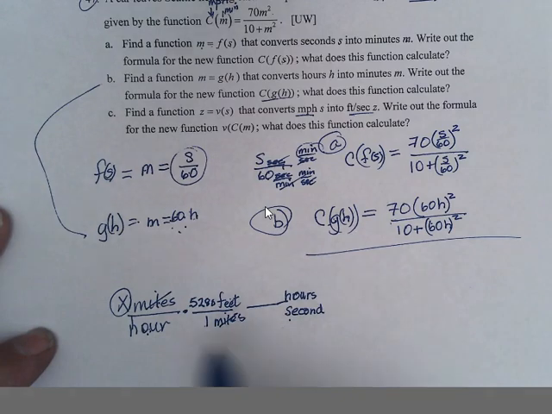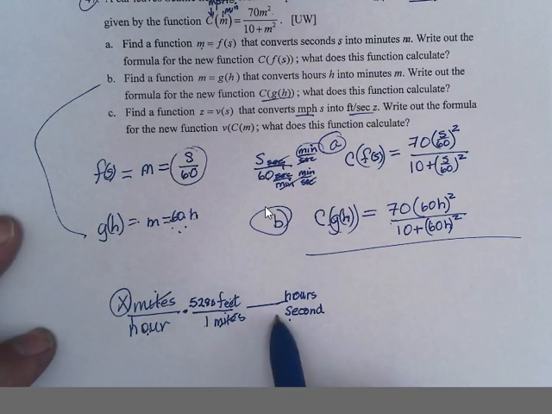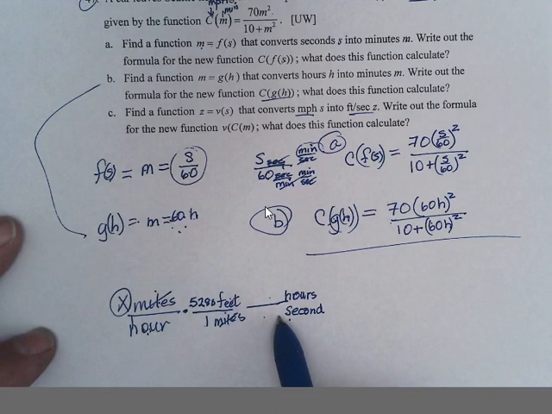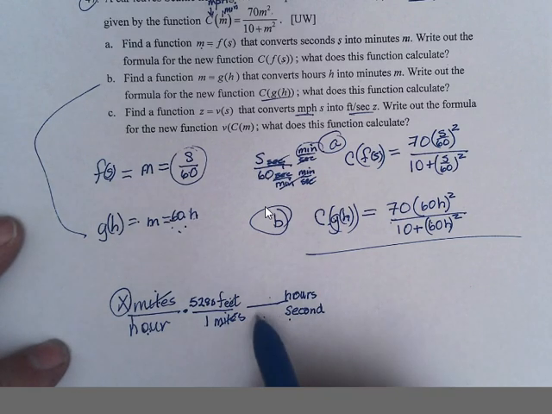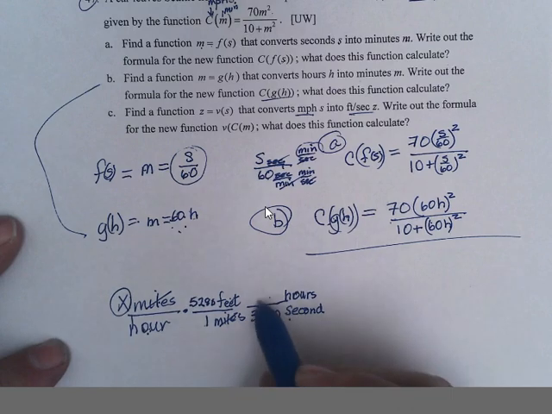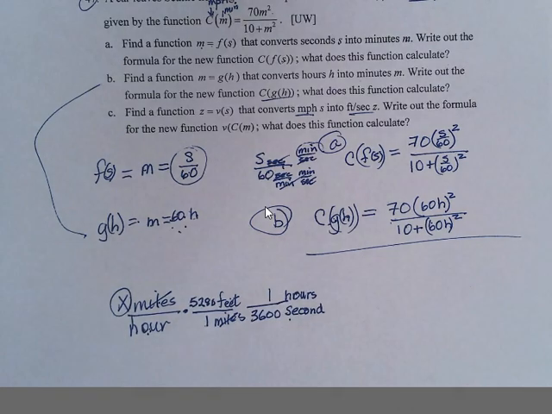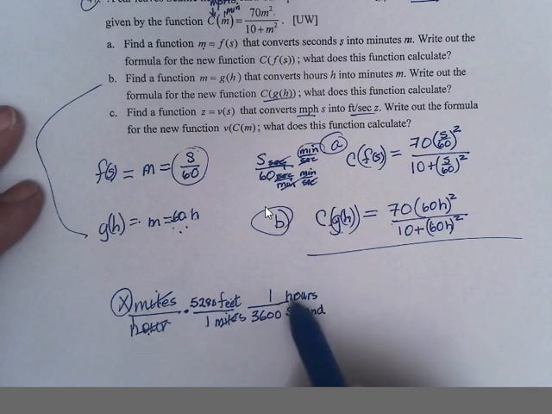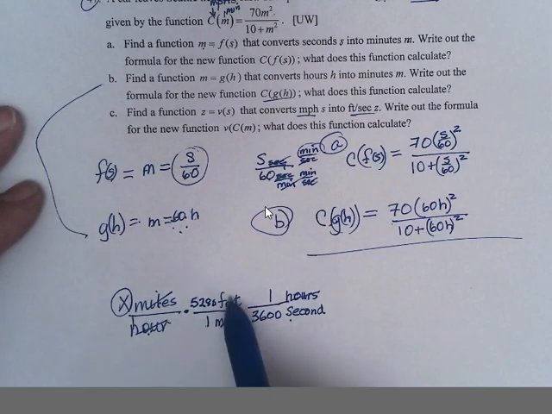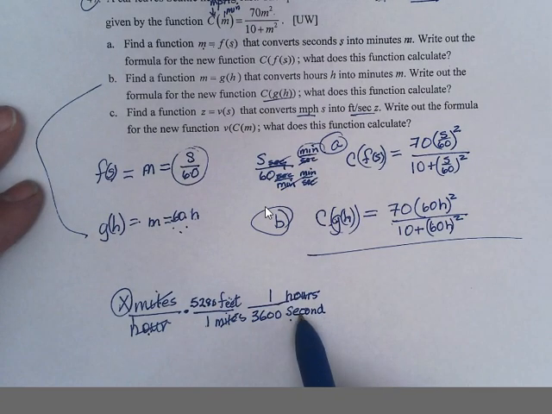So now we have to determine how many hours make a second or how many seconds make an hour. 60 seconds make a minute, and 60 minutes make an hour, so every minute has 60 seconds. So we're going to have 60 times 60, which is 3,600 seconds, make an hour. And now the hour cancels, and we get feet per second.